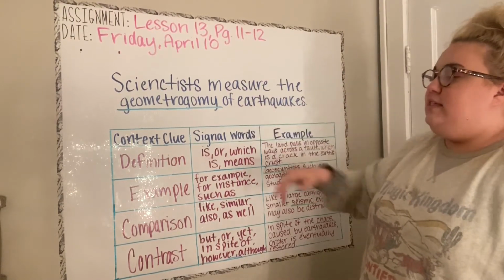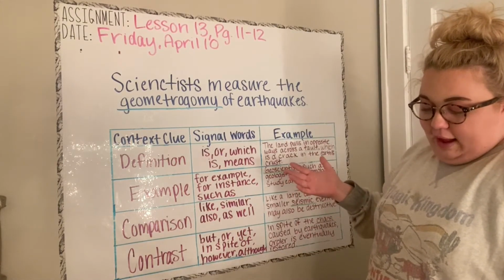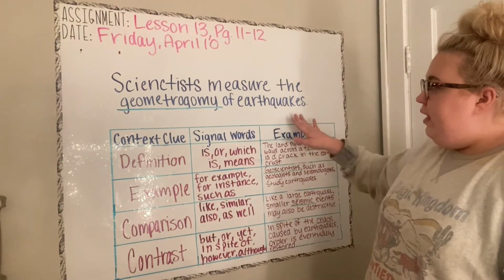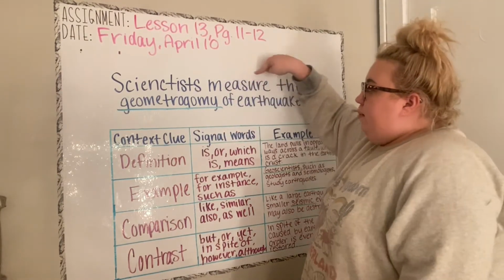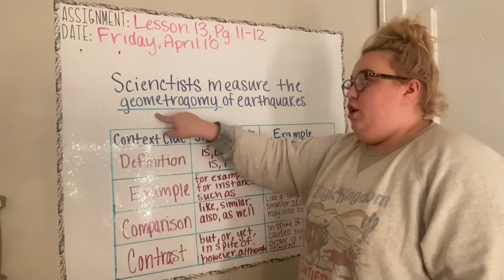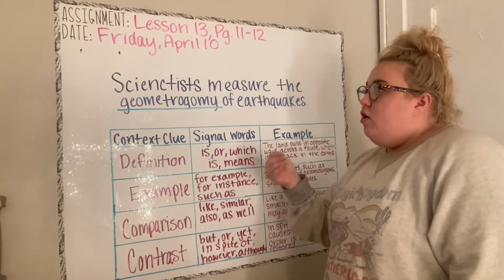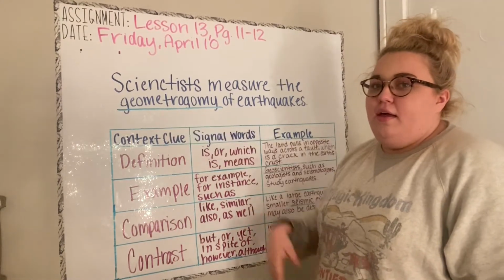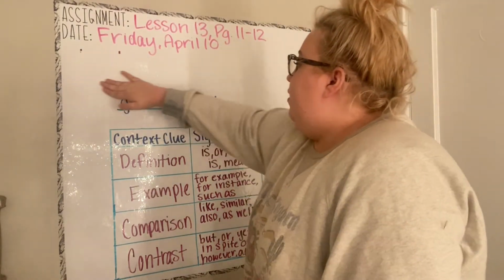So it's an item or an idea or something like that. We can tell that it's a thing, and if we look at the word measure, we can tell that it's a measurable item. So it probably has something to do with numbers. Can we tell exactly what it means? No, but we have a better idea than if we erased everything around it.